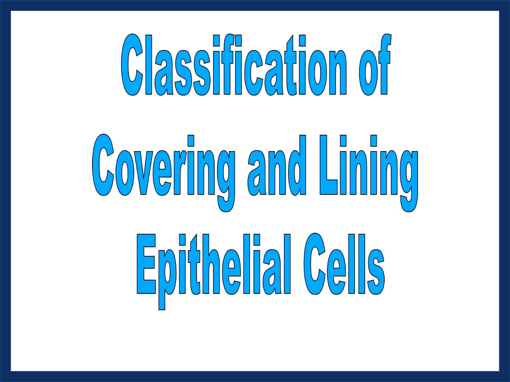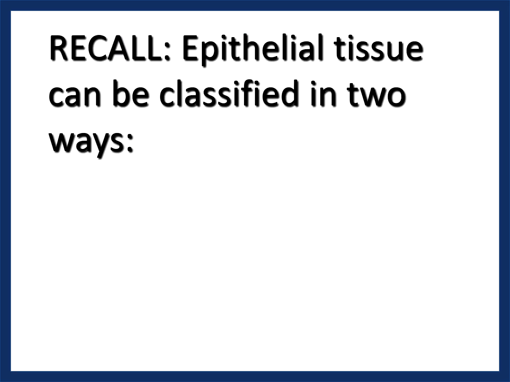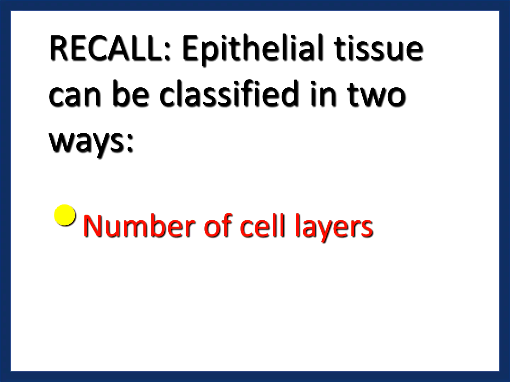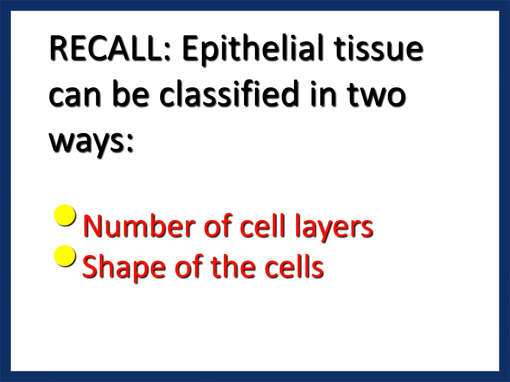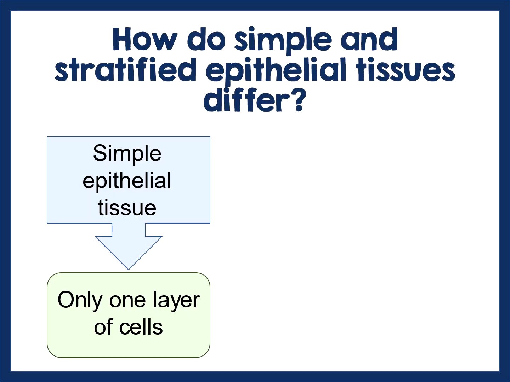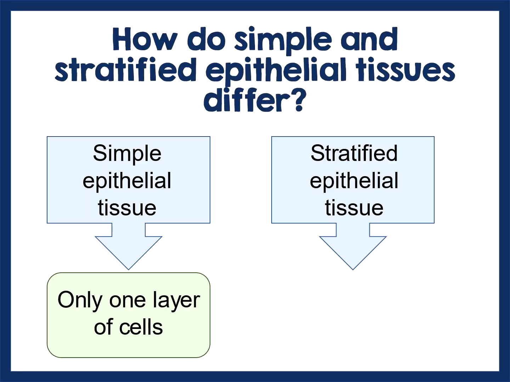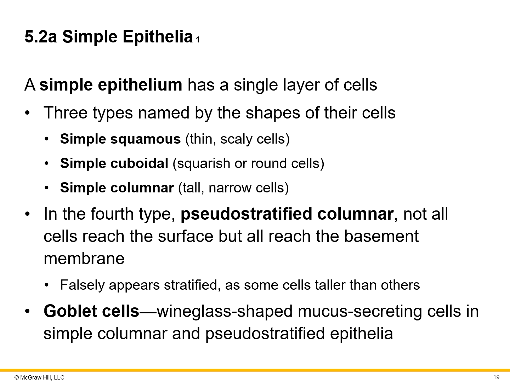So let's first talk about the classification of the covering and lining epithelial cells. So remember that we're going to classify these tissues in two ways. We're going to look at the number of layers of cells, and then we're going to look at the shape of the cells. So our simple epithelial tissue is going to only be one layer, while the stratified is going to be more than one layer, so two or more.